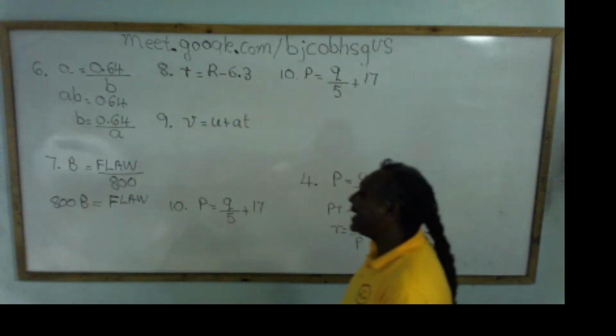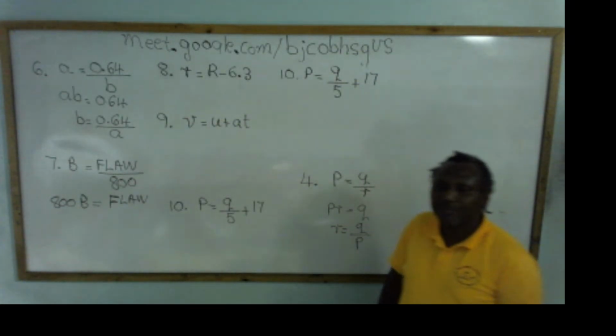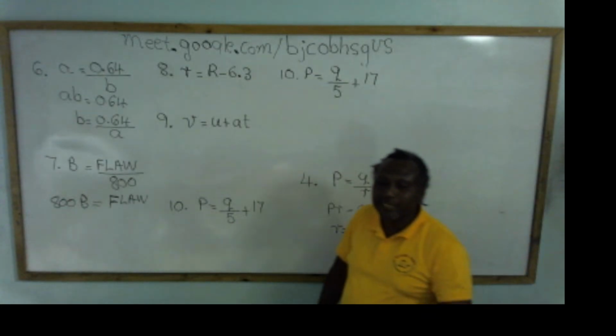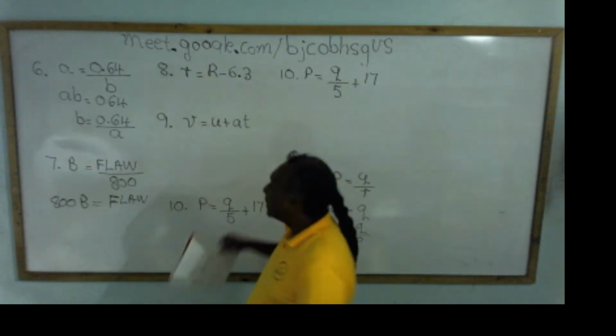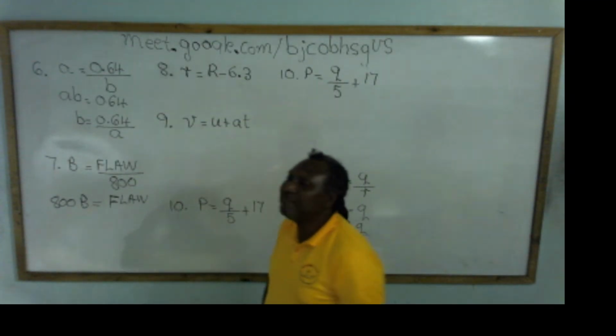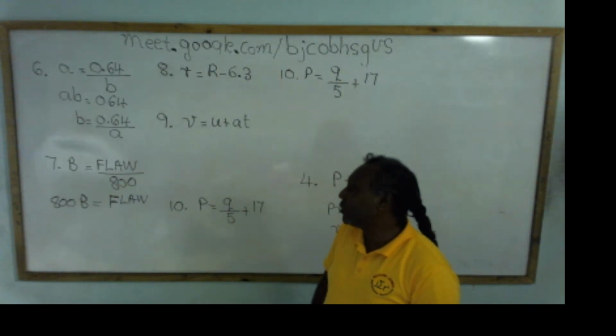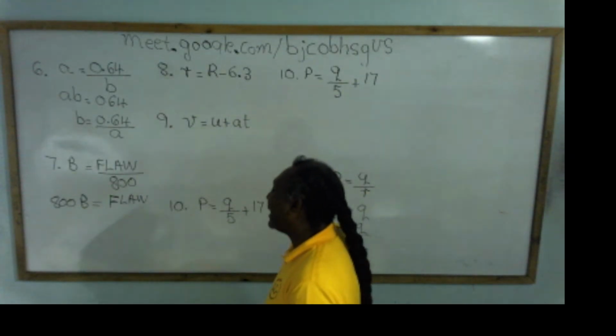So we will eliminate LAW. And the LAW is related to f by multiplication. Since it's related by multiplication, we will eliminate the LAW by division. So we will divide both sides by LAW.